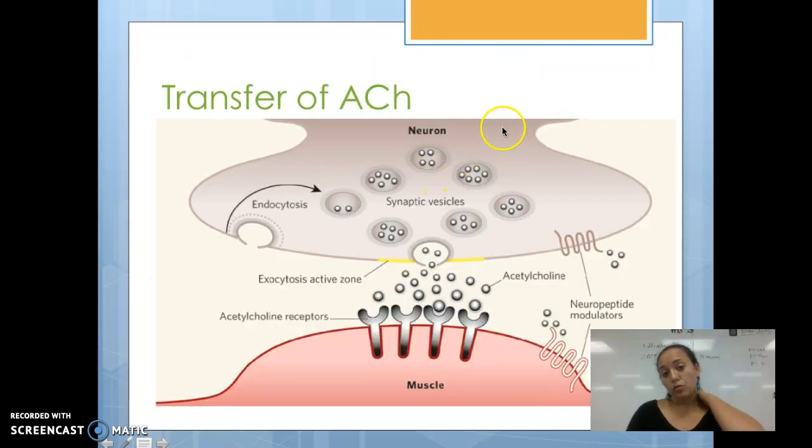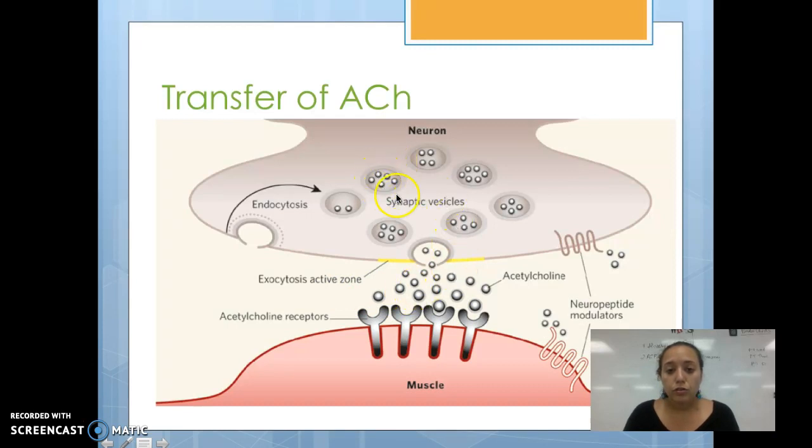Now we're just looking inside of one axon terminal. This would be your axon terminal here. Just imagine action potential coming in. This is your synaptic cleft. Remember, they don't touch, it's just fluid in between. The dark red would be your sarcolemma, your plasma membrane. These are little receptors, which we'll talk more about after I go through the notes.